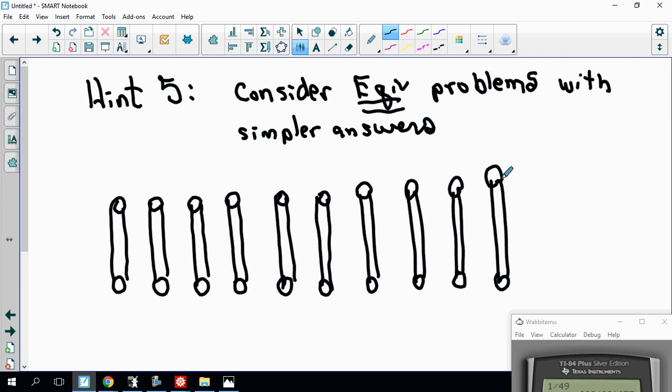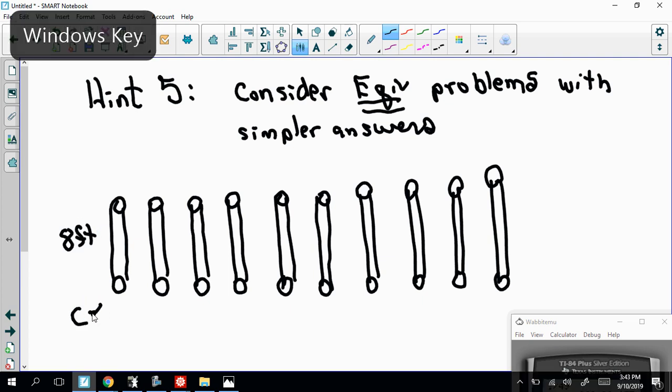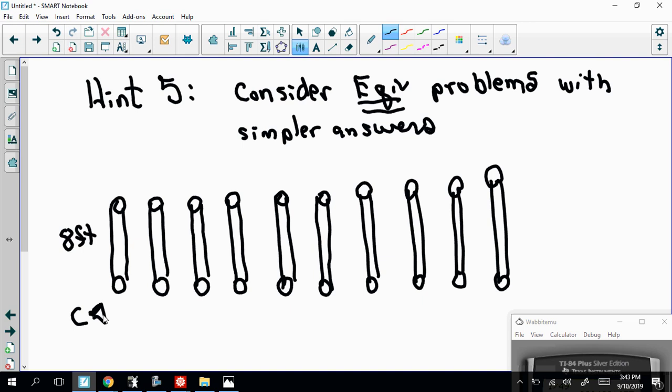Cylindrical posts. The posts are 8 feet high and have a circumference of 6 feet. These are big posts. 8 feet high, and their circumference, let me fix that, the distance around is 6 feet. Hopefully these are blow-ups.